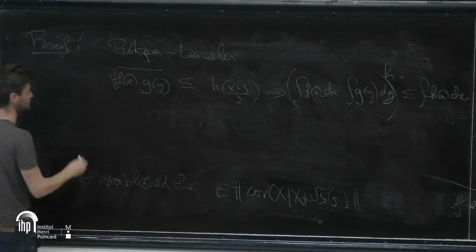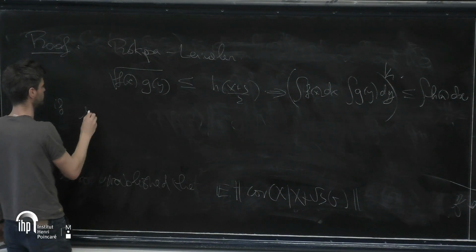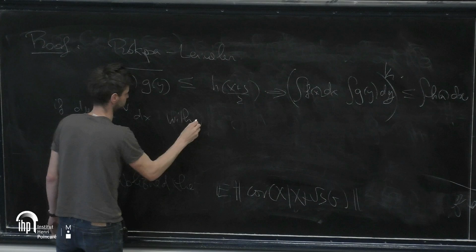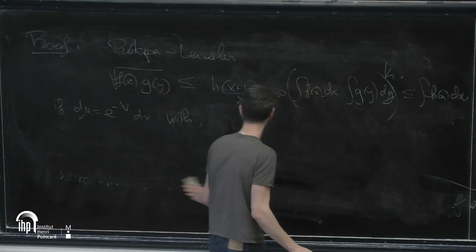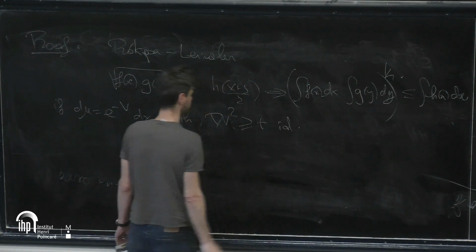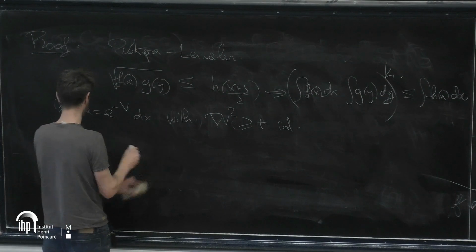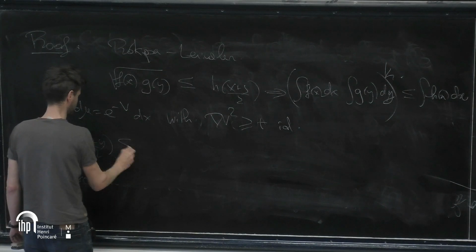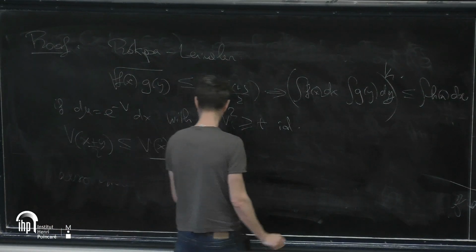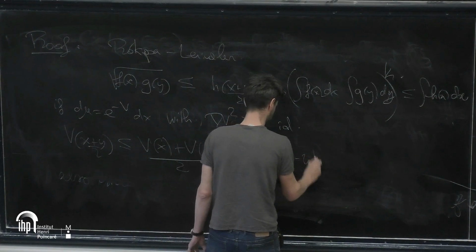So if you apply mu e minus v dx with v, which is t uniformly convex, then you will have something along the line of v of x plus v of x plus y over 2 is less than v of x plus v of y divided by 2 minus, here I never remember, minus t over something, x minus y squared.